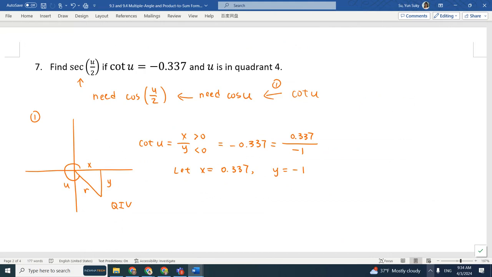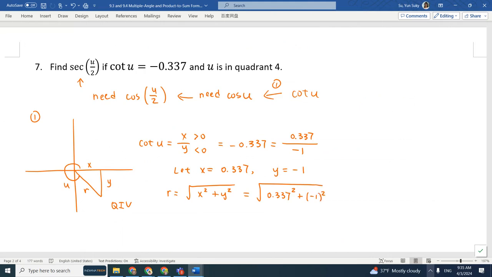Do you see this is like what we've been doing? You draw the points on the xy plane, and you figure out the x and y. Here we're looking for r. What is r? x squared minus y squared or plus y squared? Yes, and r is always positive. We get the square root of 0.337 squared plus negative 1 squared.